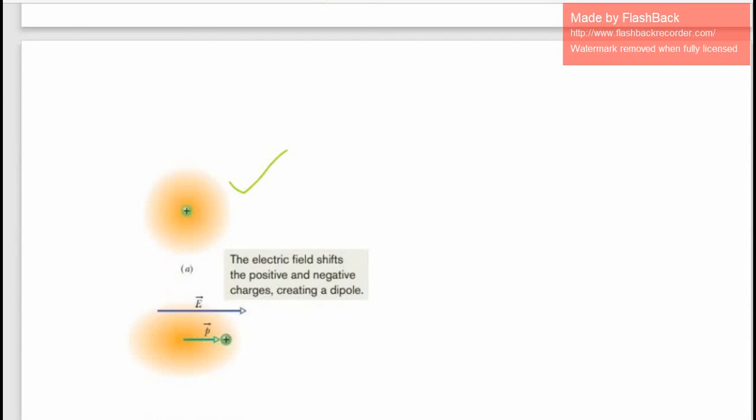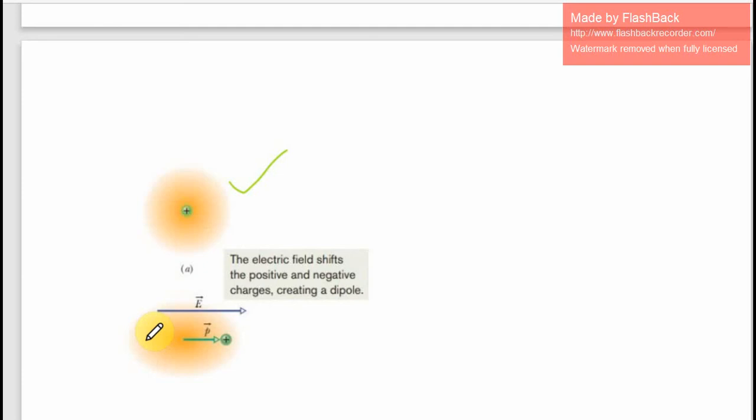But if I place this non-polar molecule in an electric field, what will happen? You can see that the electrons are negatively charged, so the negatively charged element will move opposite to the direction of the electric field.